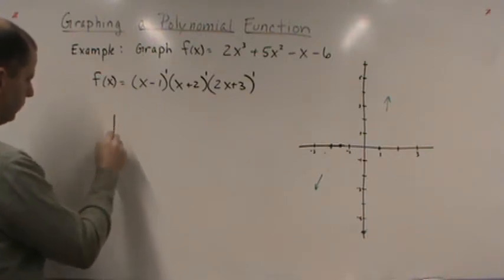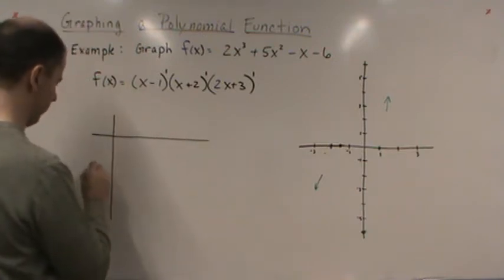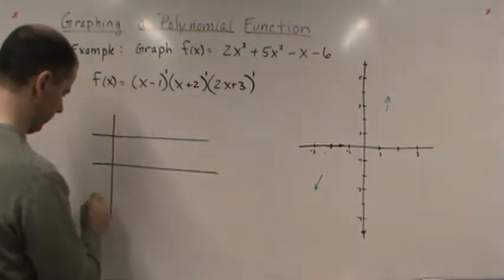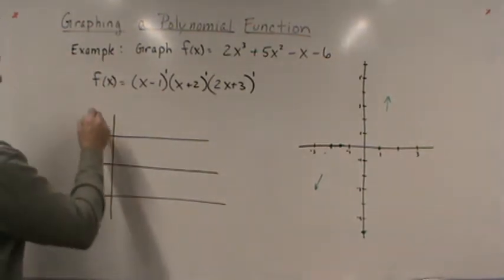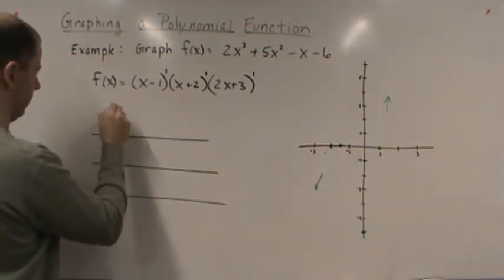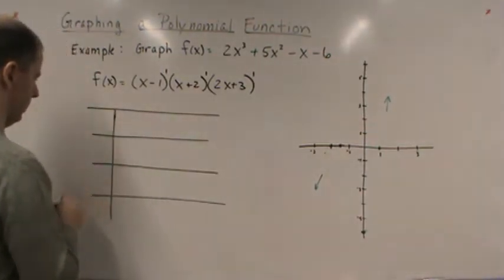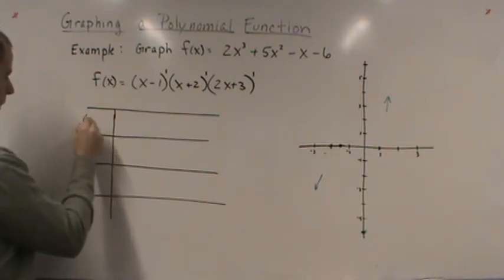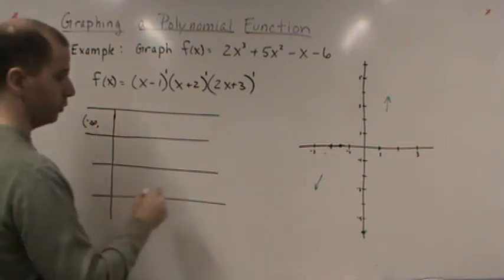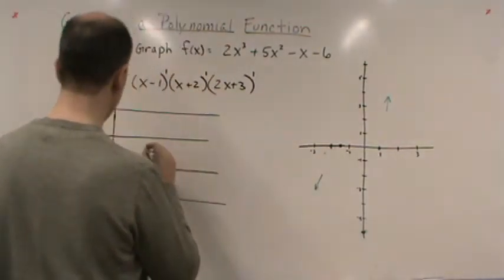You can set up the table differently. We can go from negative infinity to the first one, which is at negative 2.